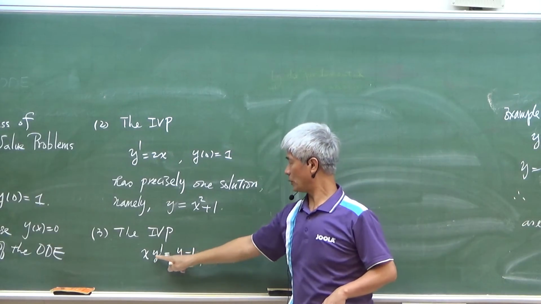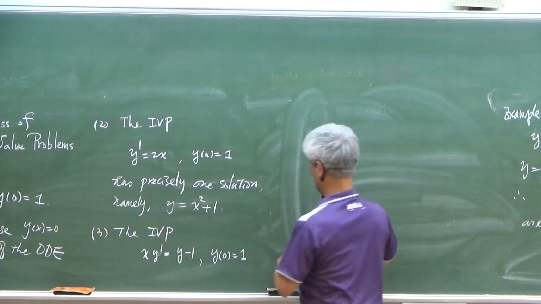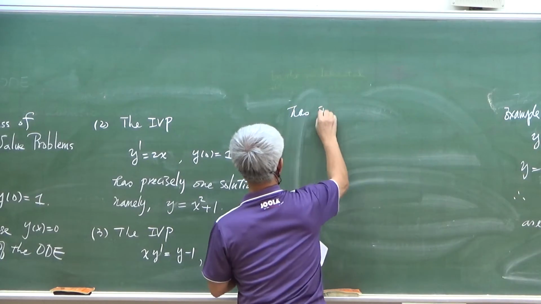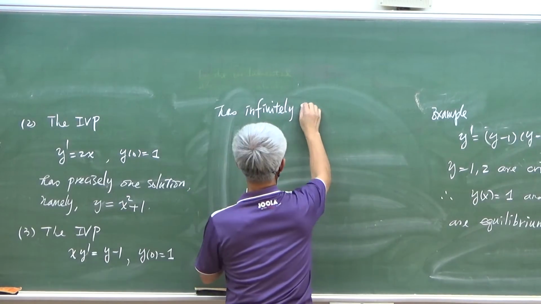x times y prime equal to y minus 1. That has infinitely many solutions.